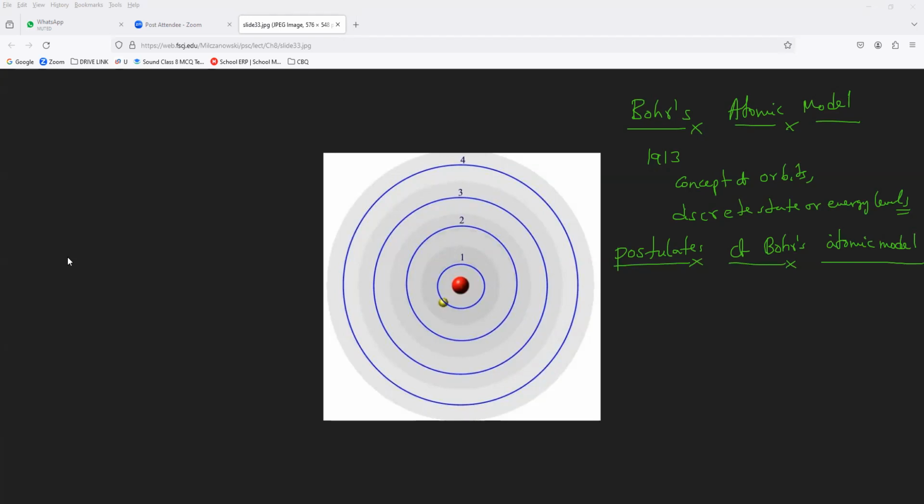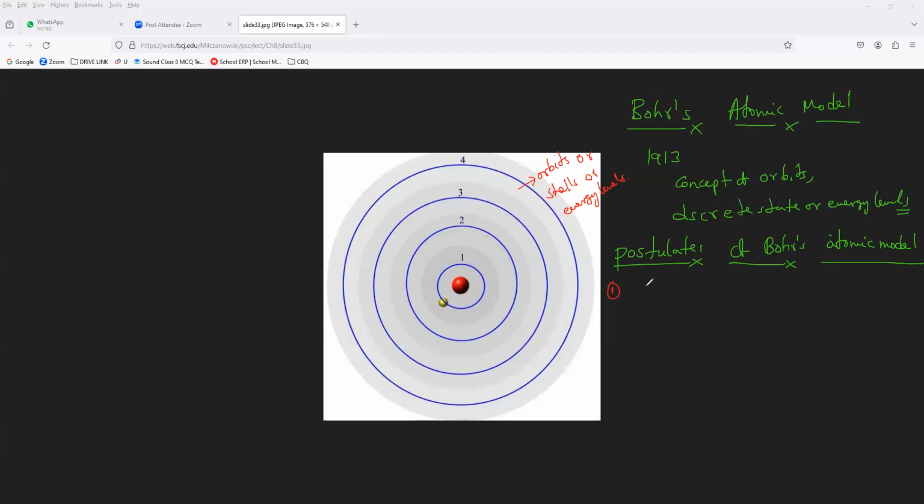The electrons revolve around the nucleus in a closed and circular path, which we used to call orbits, or shells, or energy levels. That is the first postulate of Mr. Bohr's atomic model.